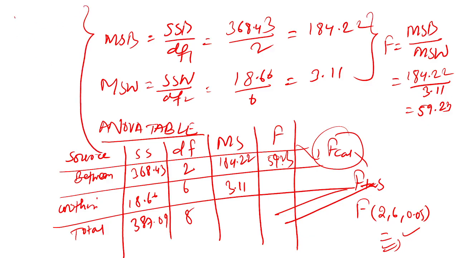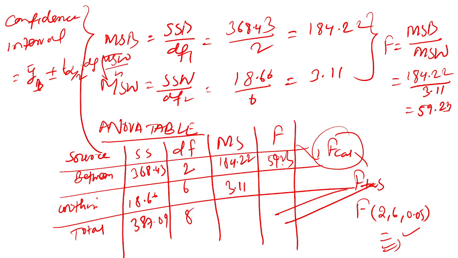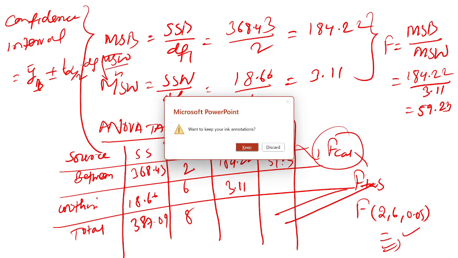So there is one more term that will come, the confidence interval. How will we get it? For a particular group, Y bar I plus minus T at alpha by 2 at degree of freedom into the square root of MSW by N. I'll take one more page.